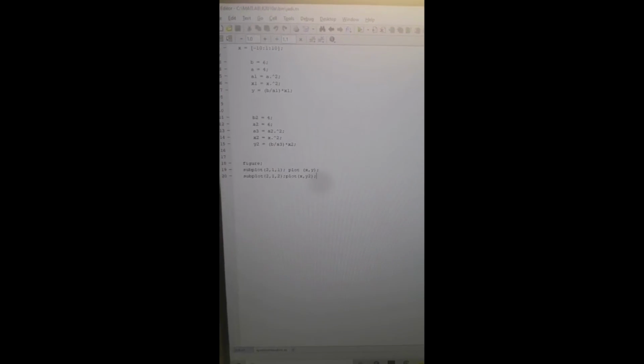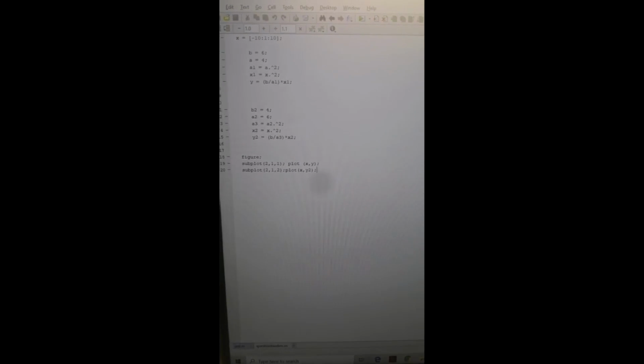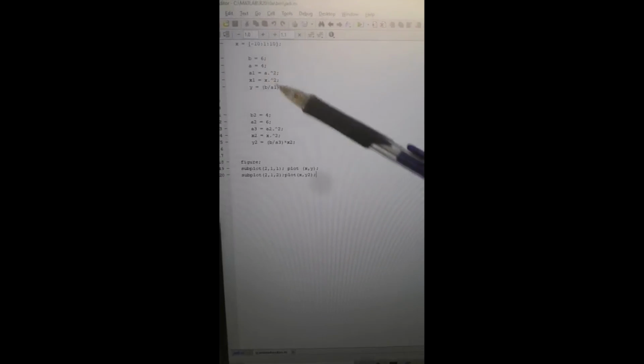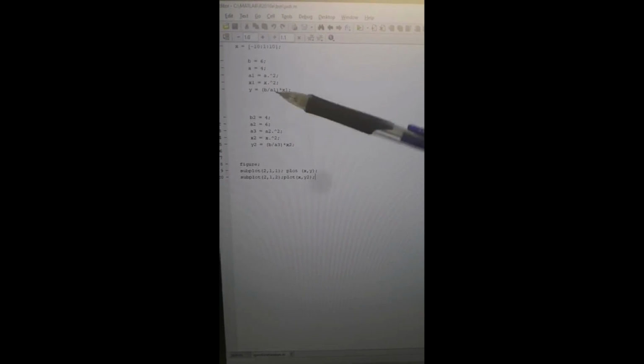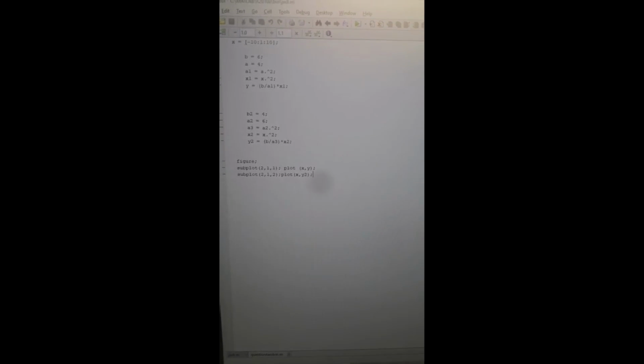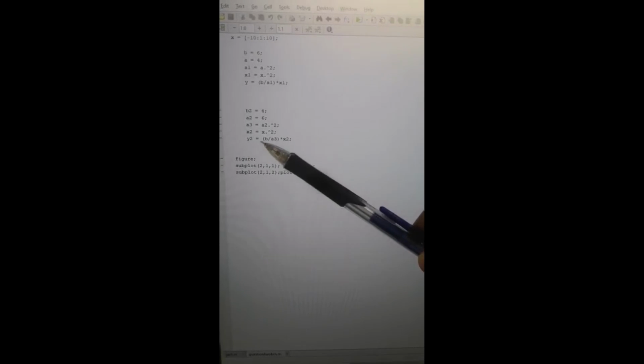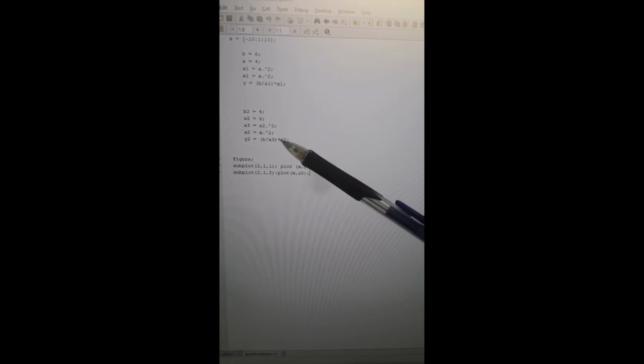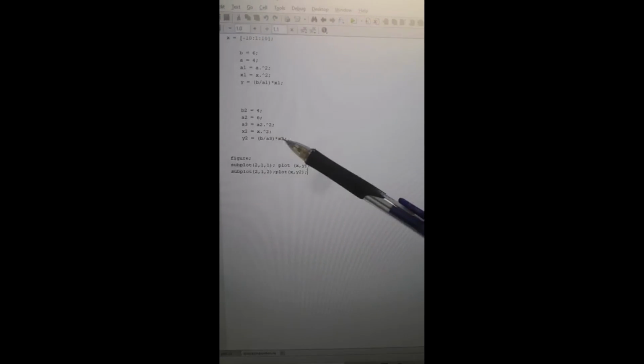We first use two conditions, which are b is greater than a and a is greater than b. We key in the code using the function y(x) equals b over a squared times x squared.